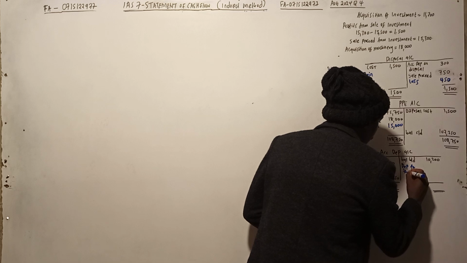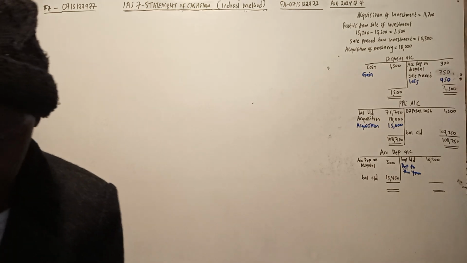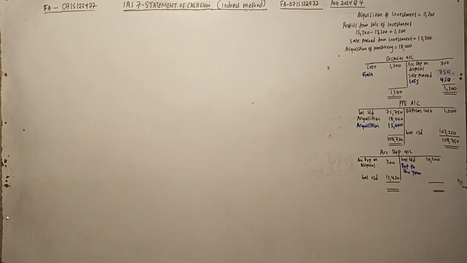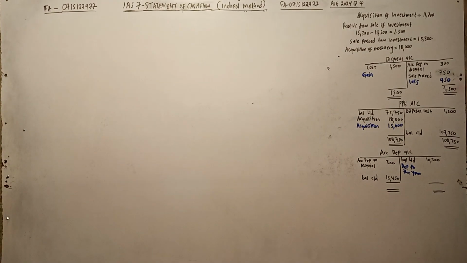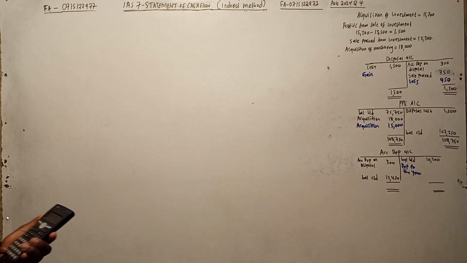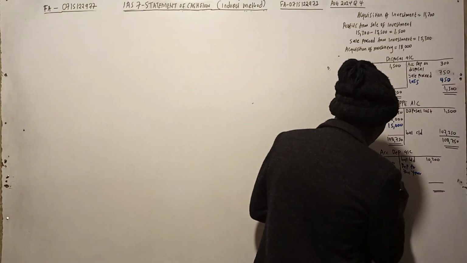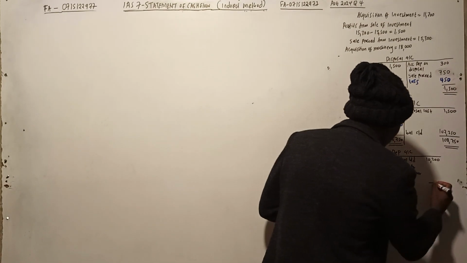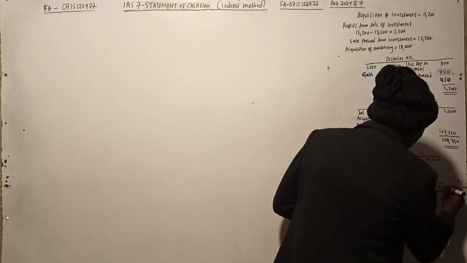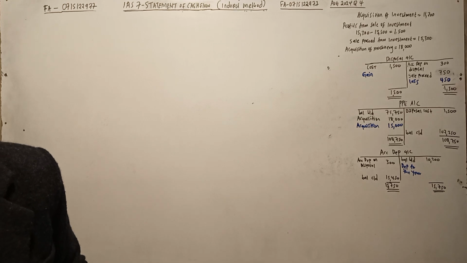Call it depreciation for the year. Other people call it the depreciation charge. So what wengine wanaitanga the depreciation charge is the same thing, depreciation charge or the depreciation amount. So tunasema ni 15,450 plus 300, which is 15,750. So the depreciation for the year must be the same as the one tumepatiwa kwa our additional information number 4.